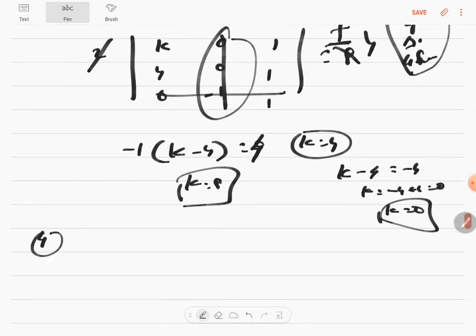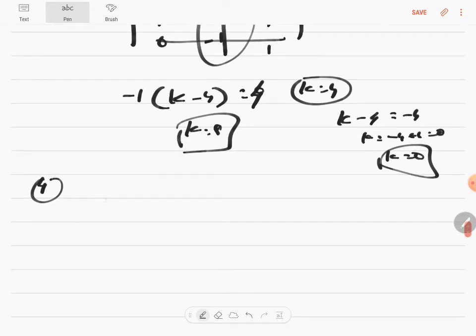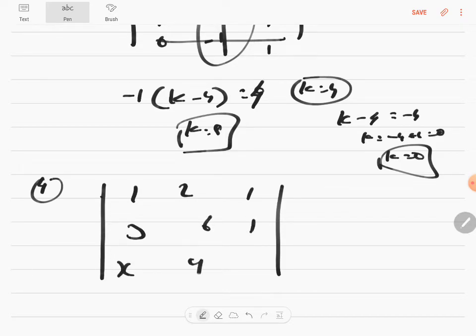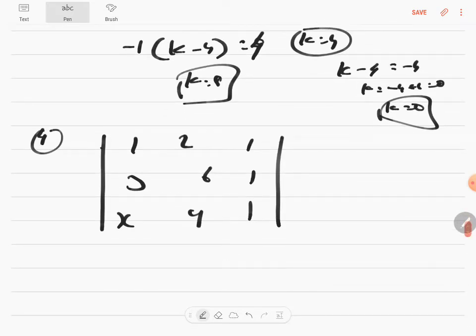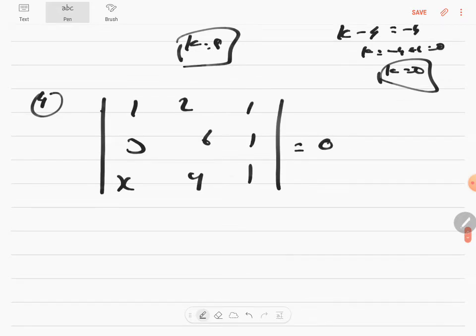So the fourth question is about forming the equation of a line. If you want to find the equation of a line, you should write x1, y1, 1, which is 1, 2, 1, x2, y2, 1, which is 3, 6, 1, and x, y, 1 instead of the third point x3, y3, 1, which we normally substitute for collinearity. So then equate to 0, you put the same collinear formula. Instead of x3, y3, you put x, y, 1, and then expand along x, y, 1, which is positive, negative and positive.